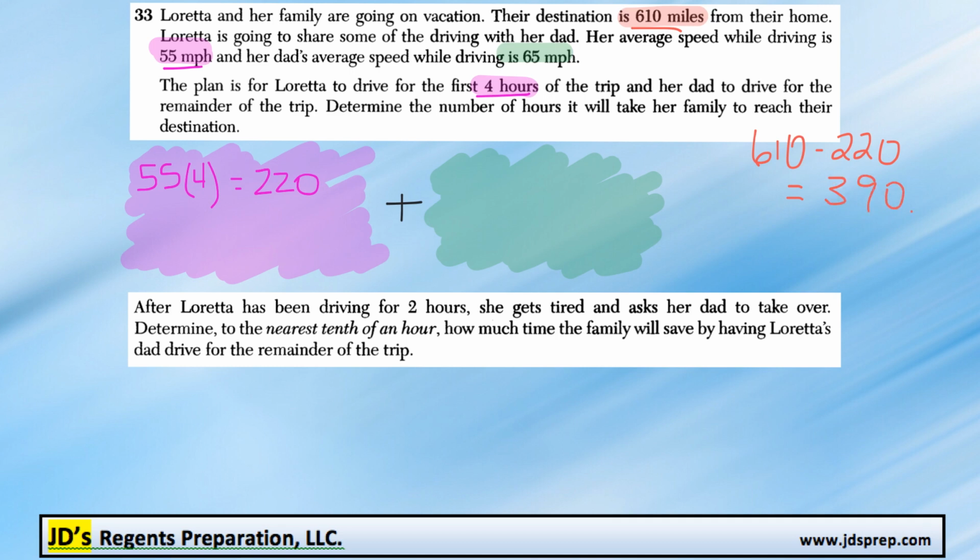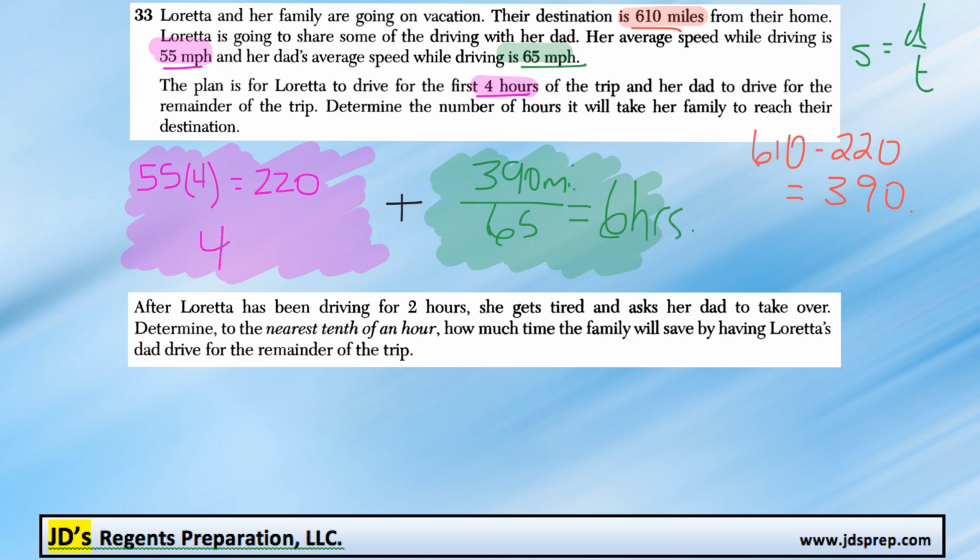Okay, so we know the dad has to drive 390 miles. We also know that his driving speed is 65 miles per hour. So to find out how much time that's going to take, remember speed equals distance over time, which means time is distance over speed, right? So we're going to take the distance and divide it by the speed, which is 65, and then we'll figure out that his driving time would take 6 hours.